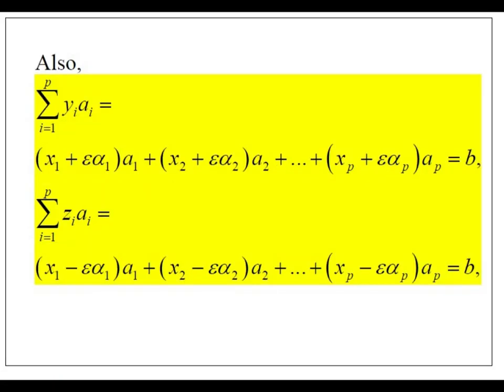By the choice of epsilon, we have summation yi ai equal to b and summation zi ai equal to b, where yi is equal to xi plus epsilon alpha i, which is greater than or equal to 0, and zi is equal to xi minus epsilon alpha i, which is greater than or equal to 0.